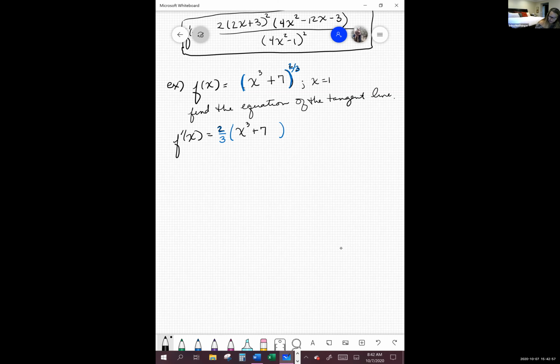Subtract 1 from our exponent. So 2/3 minus 1, but I'm going to write my 1 as 3/3 to have a common denominator. Times the derivative of the inside. Let's just do it now. Derivative of the inside, x cubed, is 3x squared.